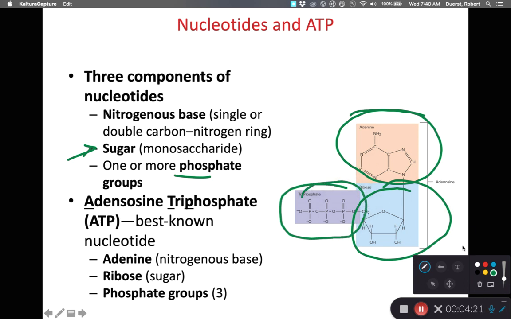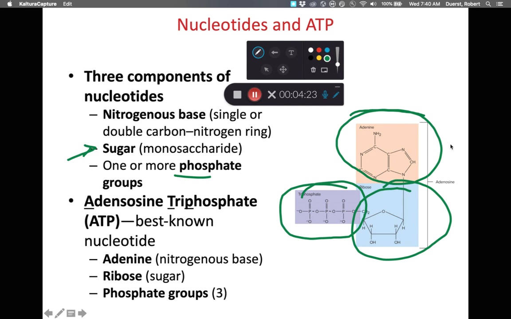And this particular molecule is an adenosine triphosphate. We have an adenine, nitrogenous base, plus a ribose. That's called adenosine when you combine those two together. And then because we have 1, 2, 3 phosphate groups, we call it adenosine triphosphate, or ATP.